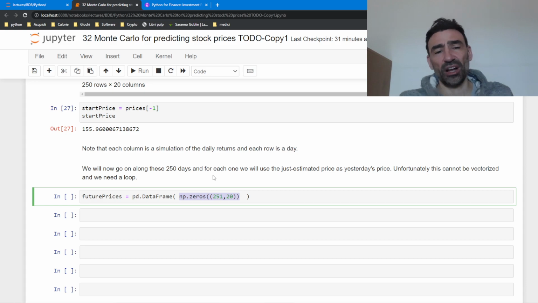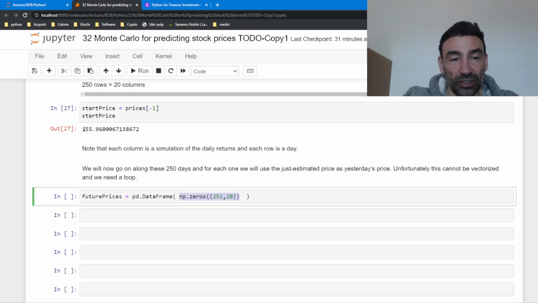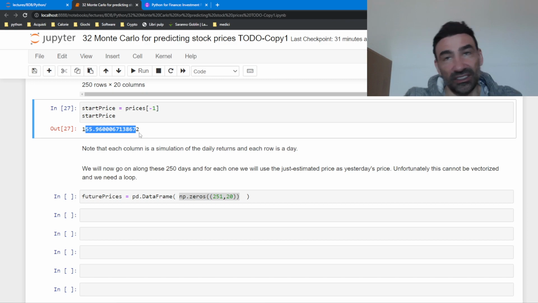Why 251 and not 250? Because I will include as first row the price of today. So the first row will contain the price of yesterday, which will be the same for all the 20 simulations, because all the 20 simulations start from the price of yesterday, which is something which is already well known.